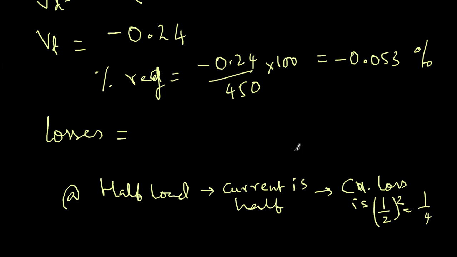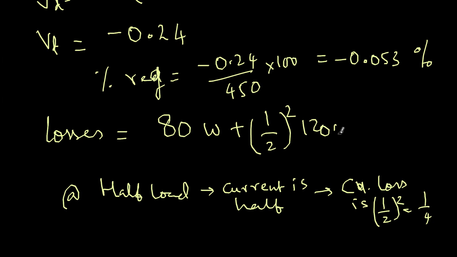So the losses are: iron loss of 80 watts remains the same, and then (1 by 2) square multiplied by 120 watts will be the copper loss, which is 30. So 80 plus 30 will be 110 watts. This is the total loss at half load.